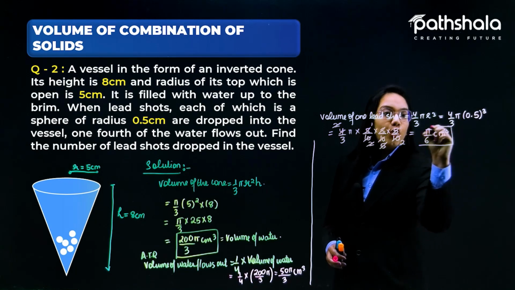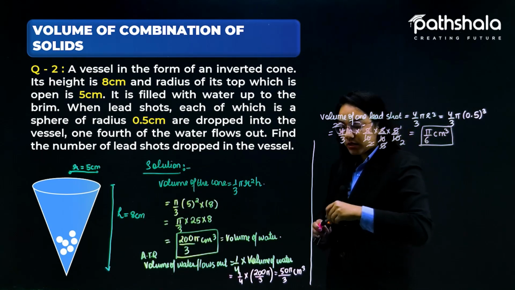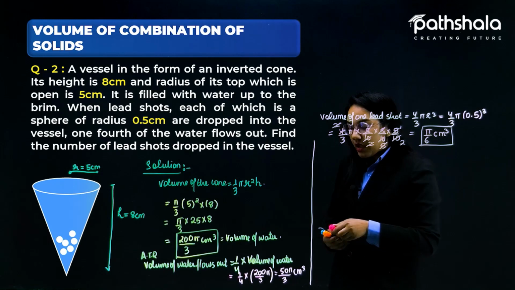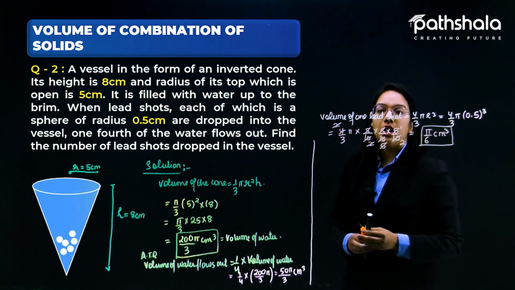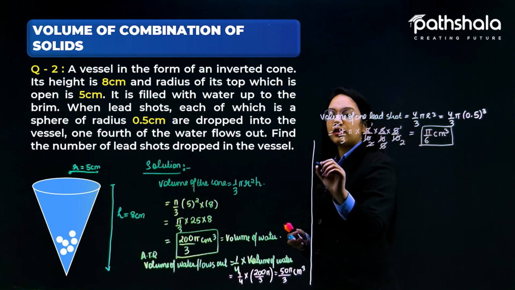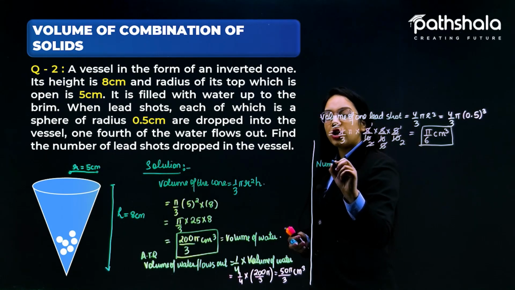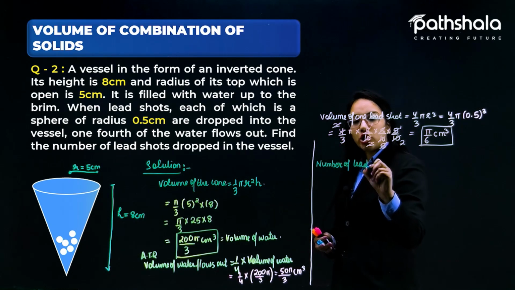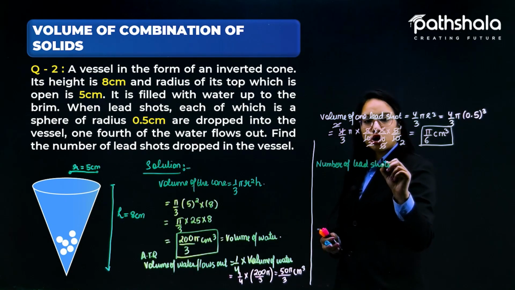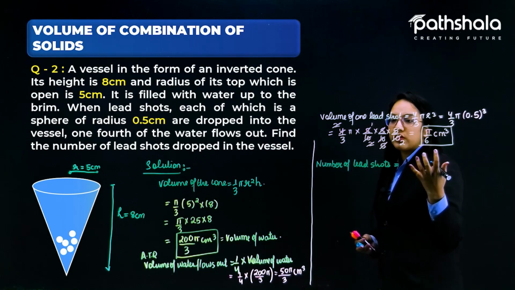So we are getting the volume of one lead shot as pi by 6 centimeter cube. Now we just have to find out the number of lead shots that are dropped in the vessel. Whenever we have such a question, there is a formula related to it.